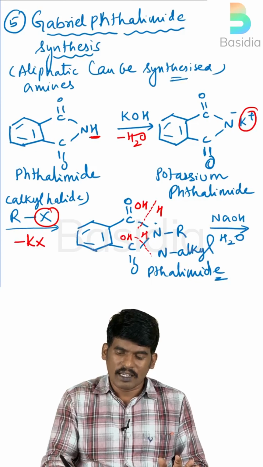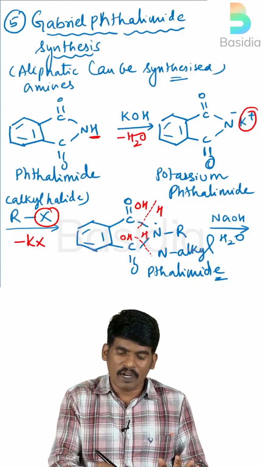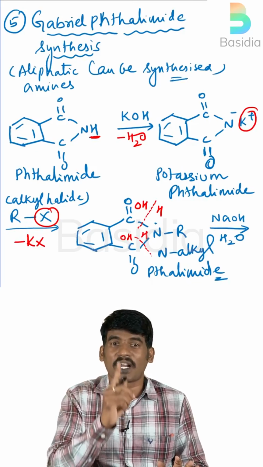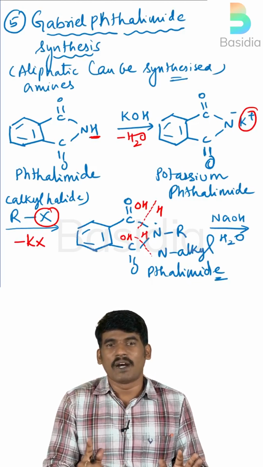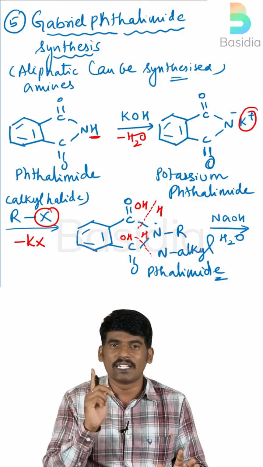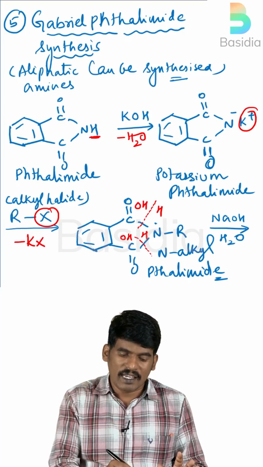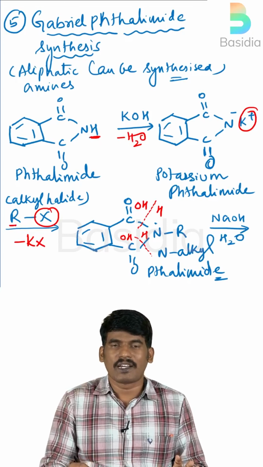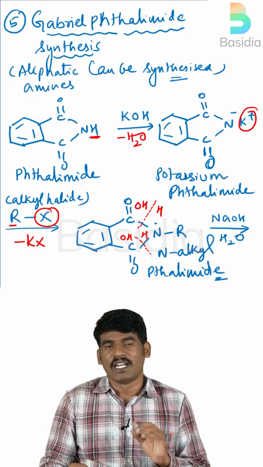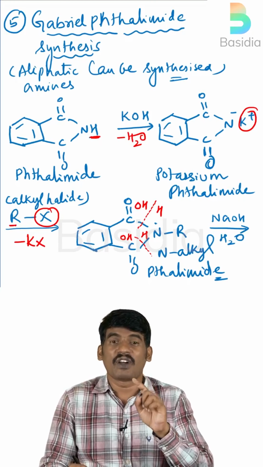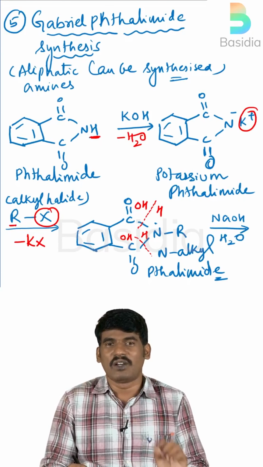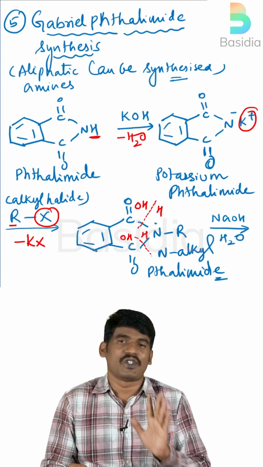So here in the amide, two amide bonds we are breaking, that's why we get primary amine. And the alkyl halide whatever we are taking must be primary. If it is secondary or tertiary, it preferably undergoes elimination. It will not undergo substitution.